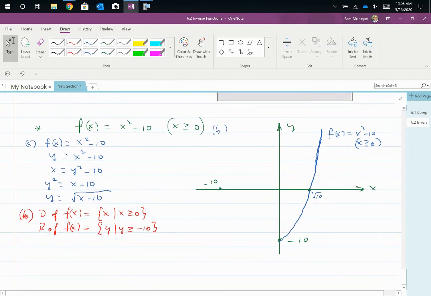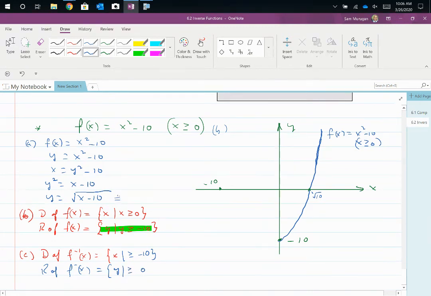What this is telling us in effect is that the domain of the inverse function is x. We take the y, change it to x. Now x is greater than or equal to negative 10. And the range of the inverse function is y greater than or equal to 0.